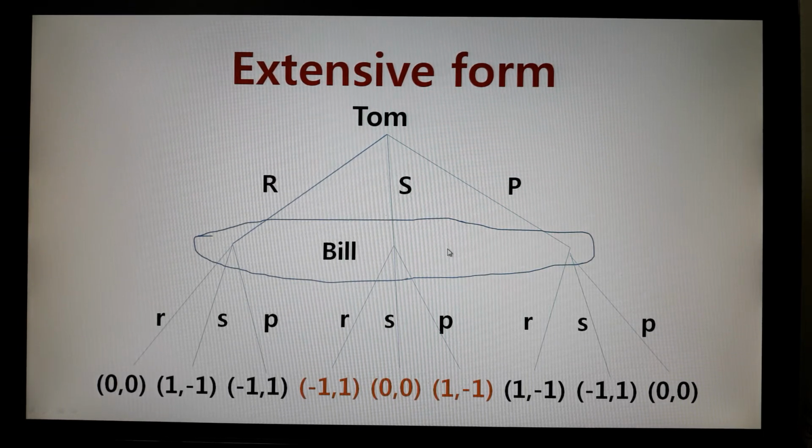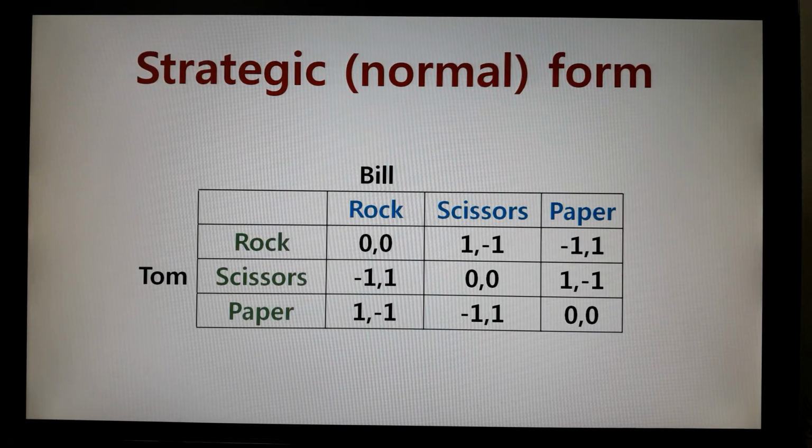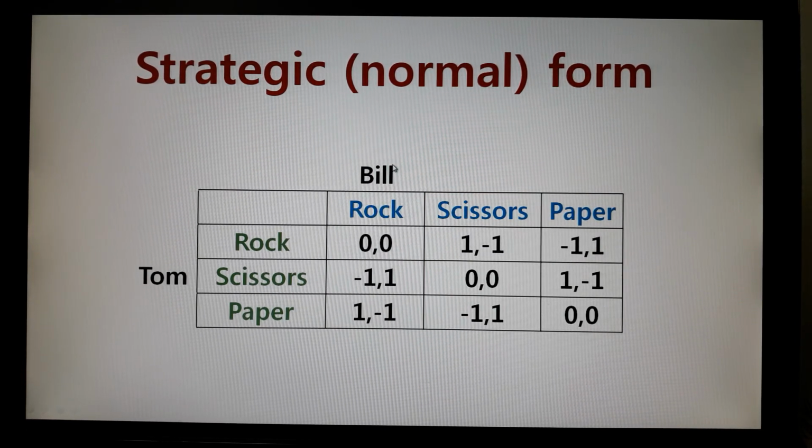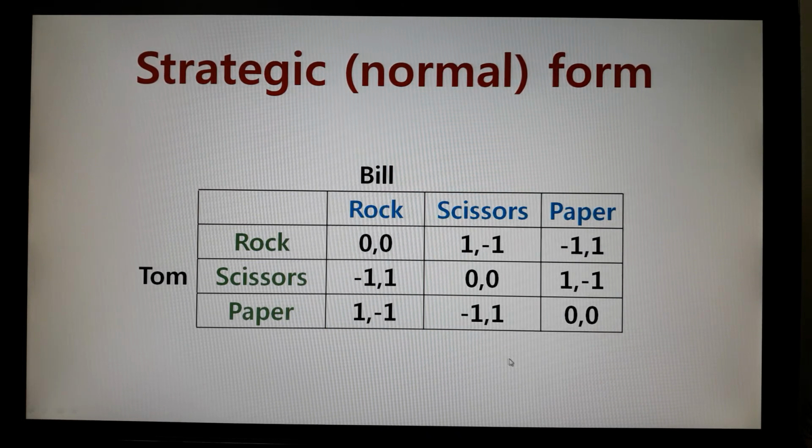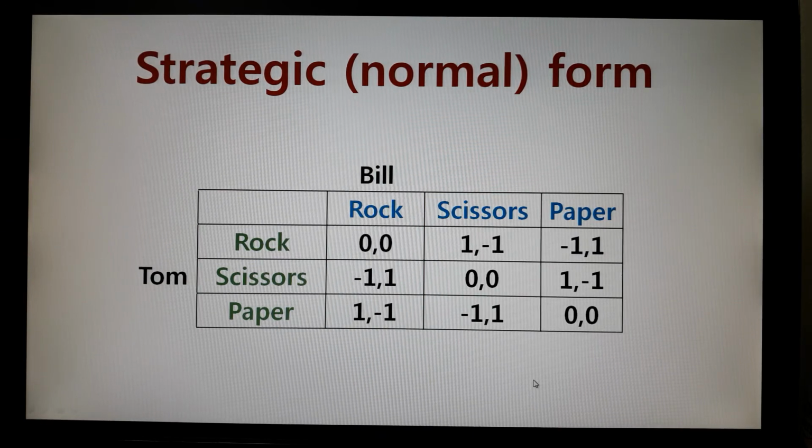Actually, even though I said this extensive form and this strategic form are the same thing, there is a slight difference. Essentially, in strategic form, Tom and Bill choose rock, scissors, paper simultaneously, at the same time. Because they choose at the same time, they choose without having a chance to look at each other, like rock, scissors, paper. Okay?